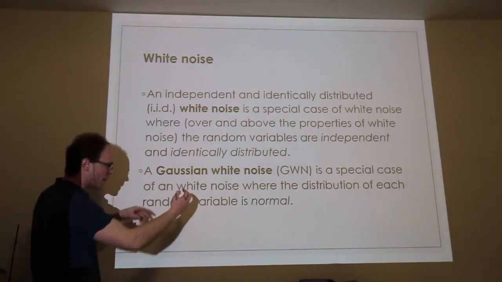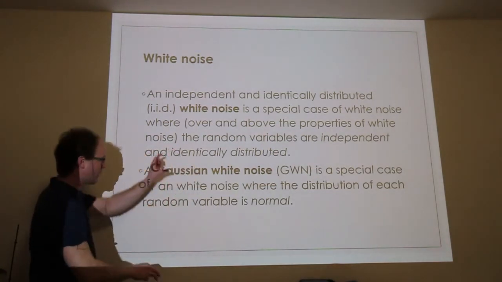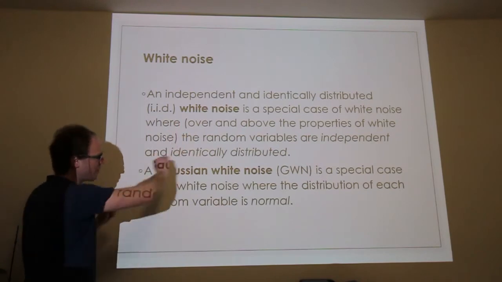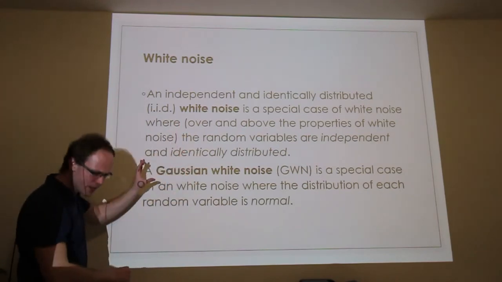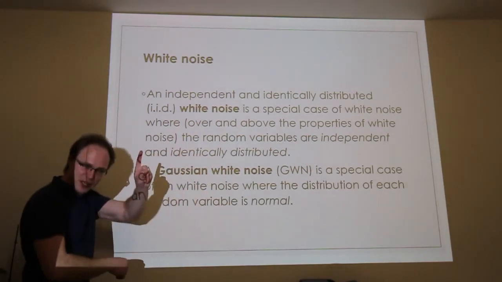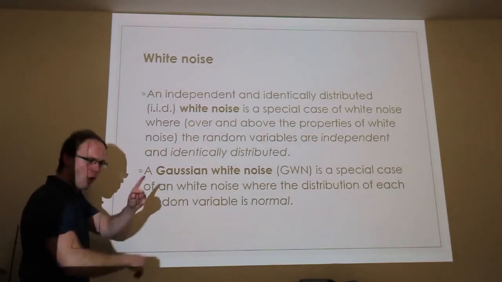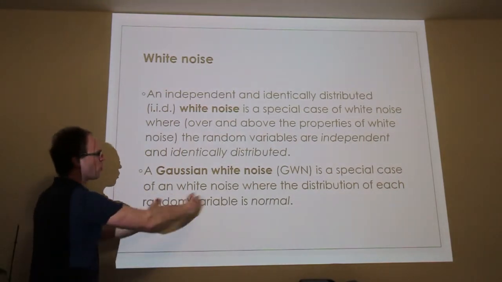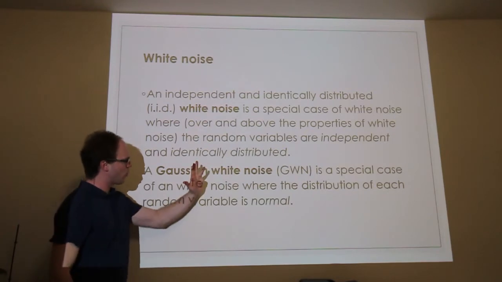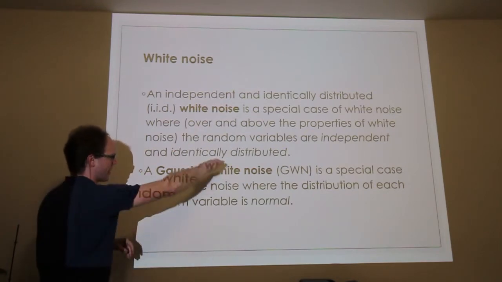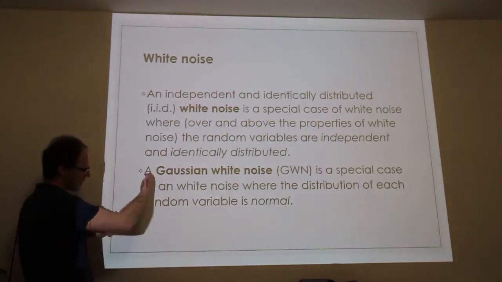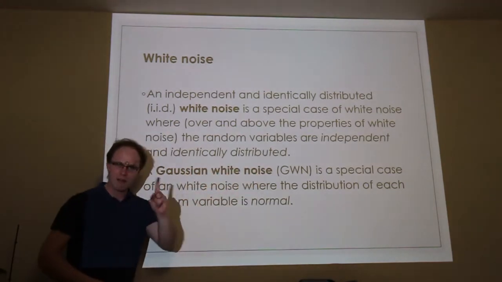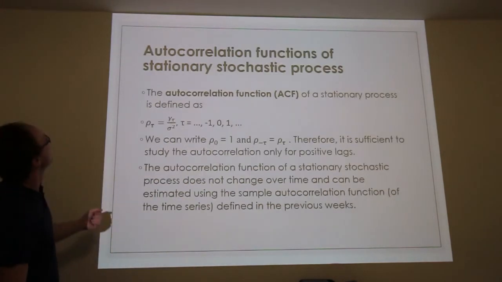So the fourth characteristic, expected value equal to 0. The variance is constant and finite. Absolutely no correlation and normal distribution. So the fourth important characteristic for the white noise process, and we have Gaussian white noise.